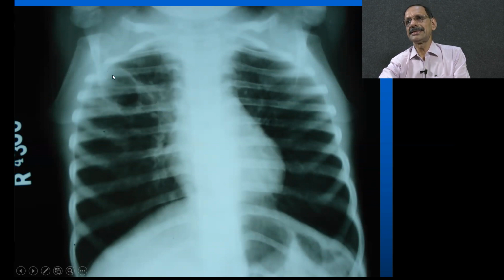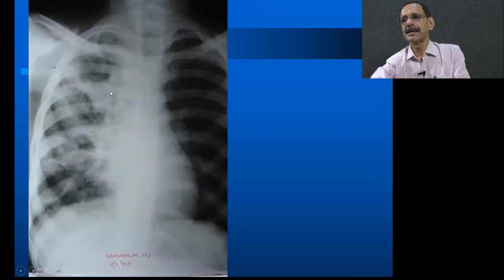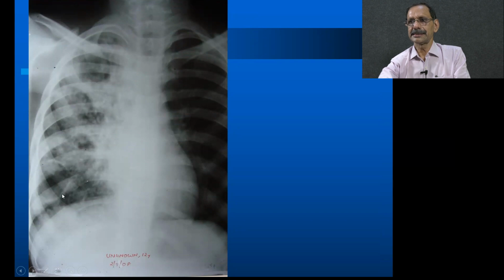Then you can have a thin walled cavity, but it is rare to have cavity in a primary tuberculosis. So once we see cavity in tuberculosis, think of reactivation tuberculosis if it is in the upper lobe, as it is like this. Here also, this is also a proved case of tuberculosis, you see a cavity.